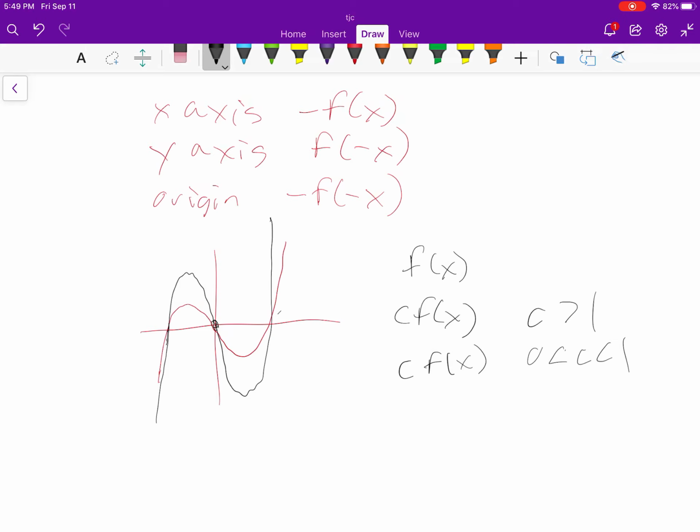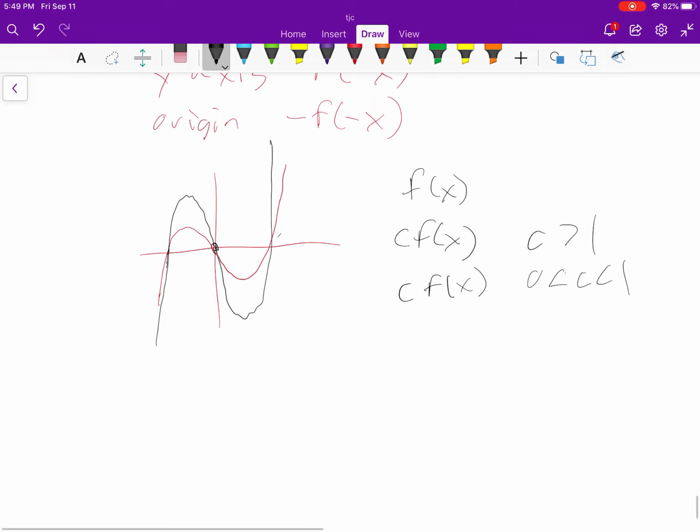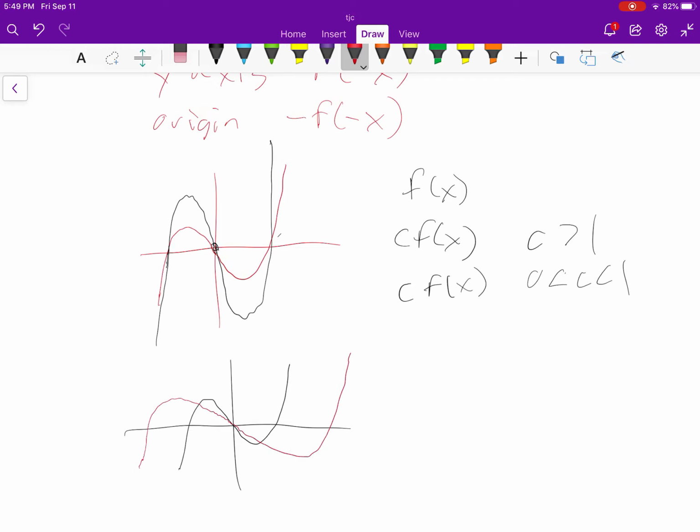Okay. We also have horizontal stretching and shrinking. So horizontal, instead of stretching it vertically, let's say you want to stretch it. Here's the original, and you want it to look something like that. So it's stretching it out horizontally.